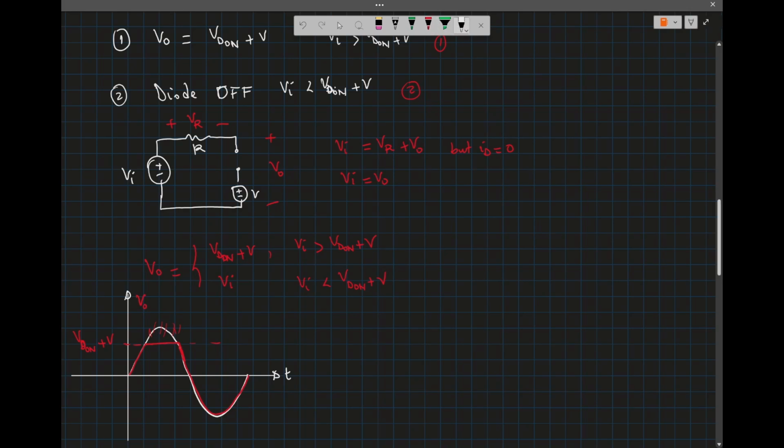The sine wave is the input voltage, and the red graph is the output voltage.